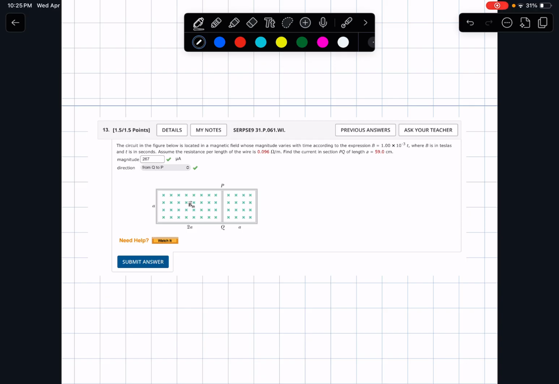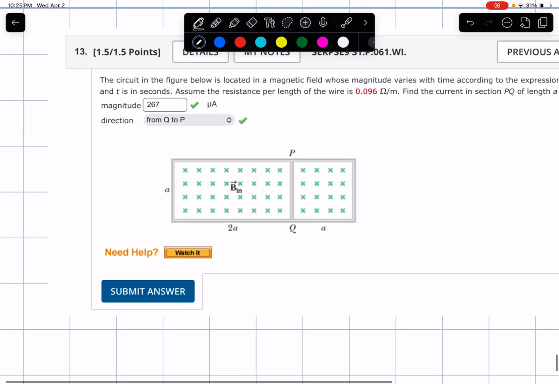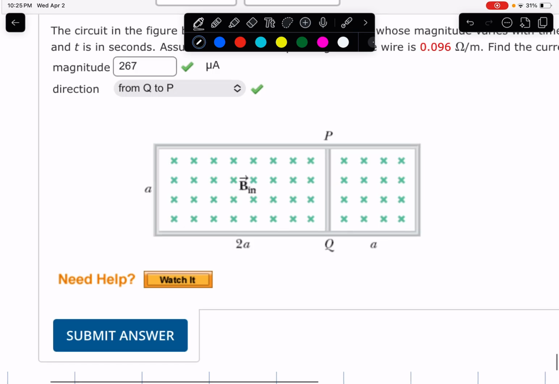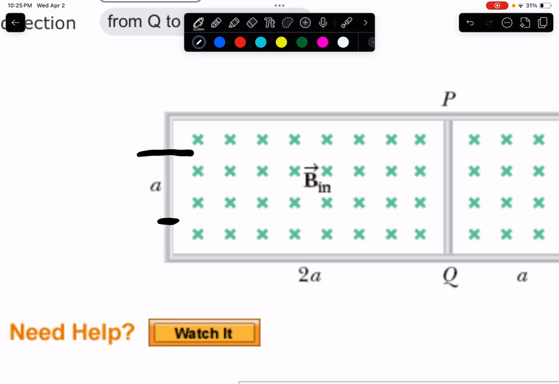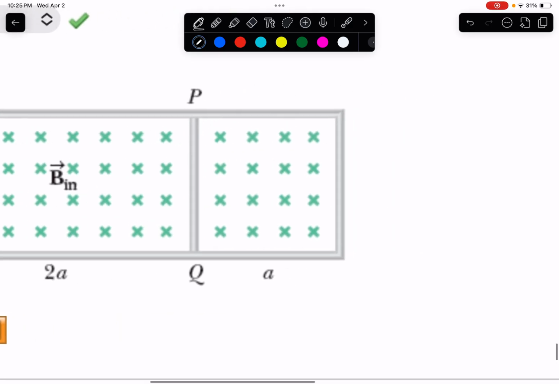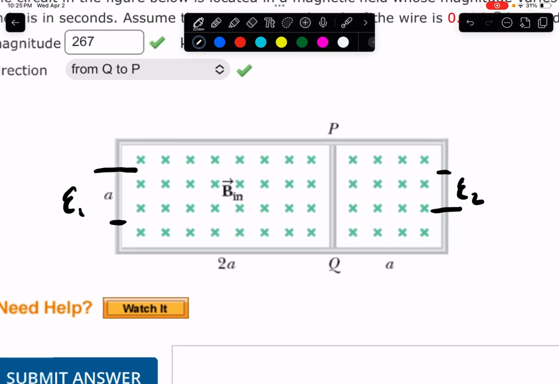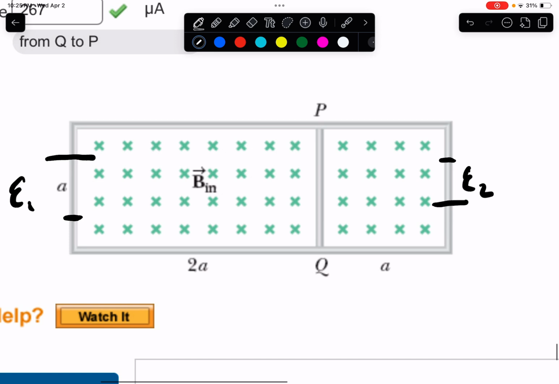Imagine the EMFs are like batteries in the circuit. So you have a battery here, that's the first EMF, and then another battery here, that'll be your second one. Then your currents would be here, call that I1. This one we'll call I2, and this one would be I3, flowing that way.